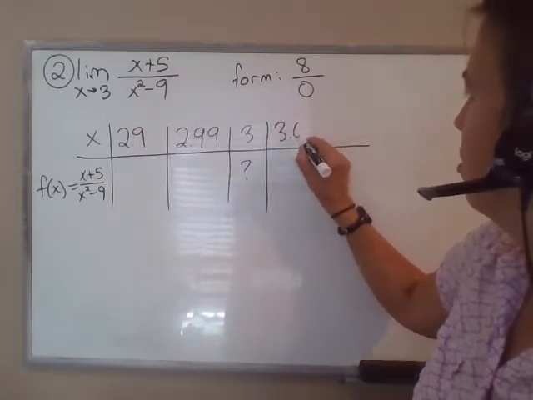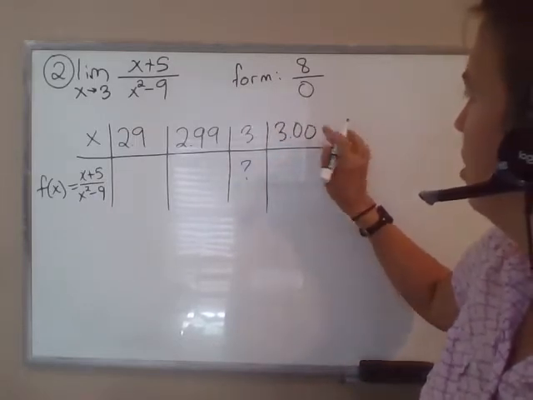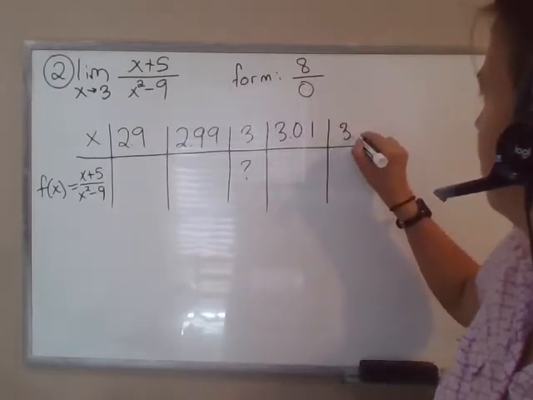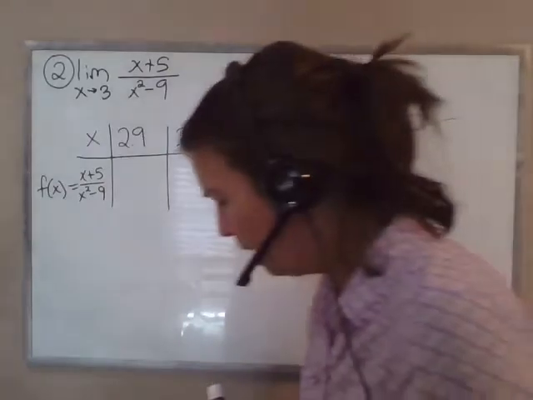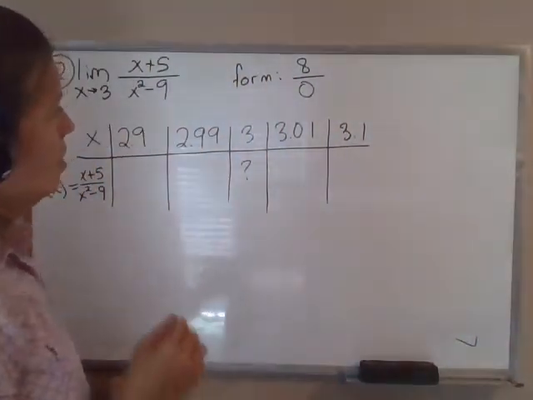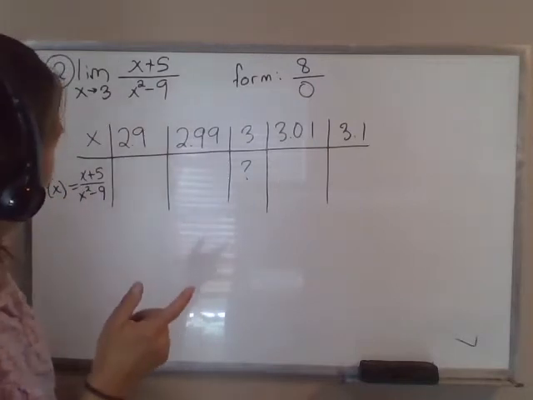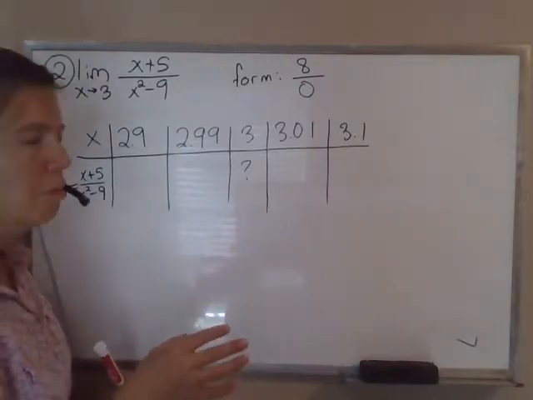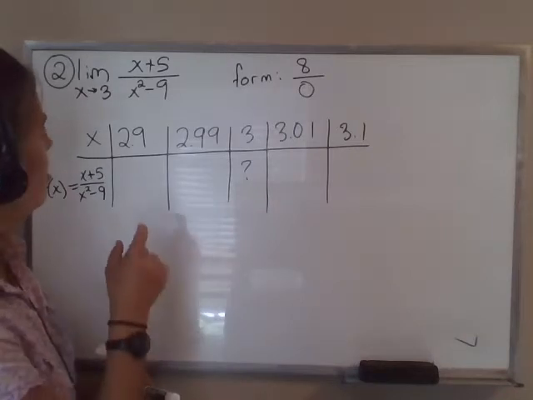And then I'll make this symmetric, so 3.01 and 3.1. Okay, now thinking about these output values, I may not calculate all of these, or any of them precisely, actually. Let's just think about more generally what's going on.